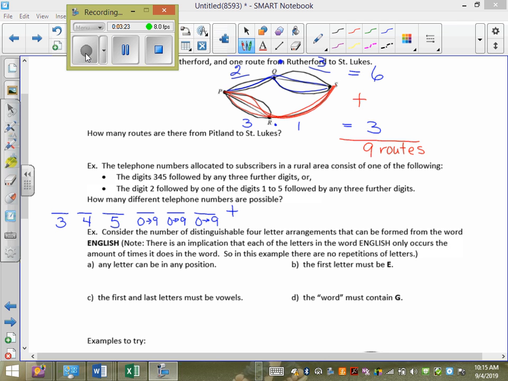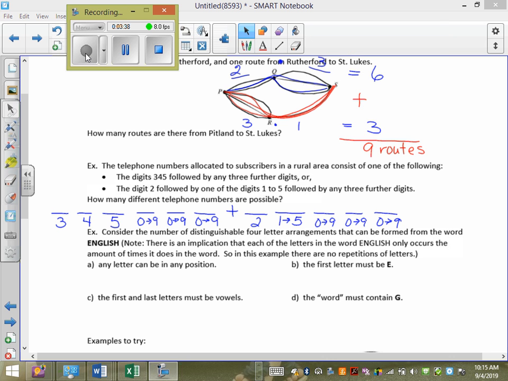The digit 2, followed by one of the digits 1 to 5, followed by 3 further digits. So then above we put our options. So this is one option times one option times one option times 10 times 10 times 10. This is one option, 5 options, 10 times 10 times 10.